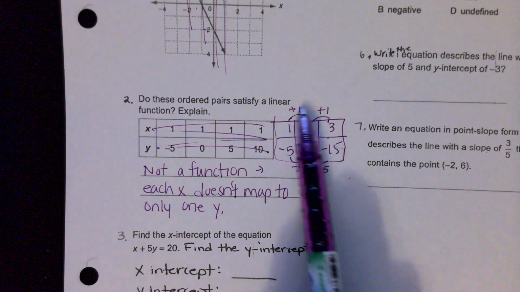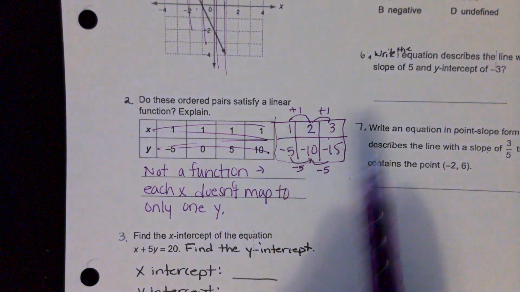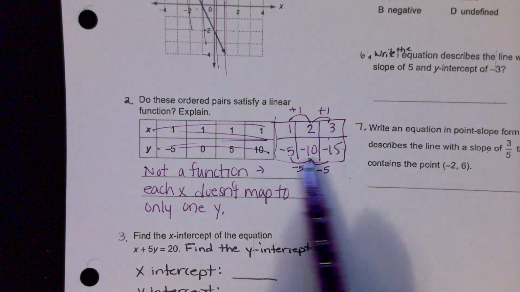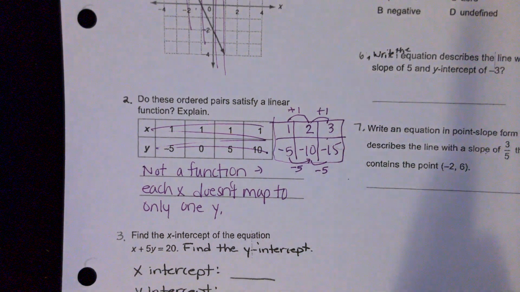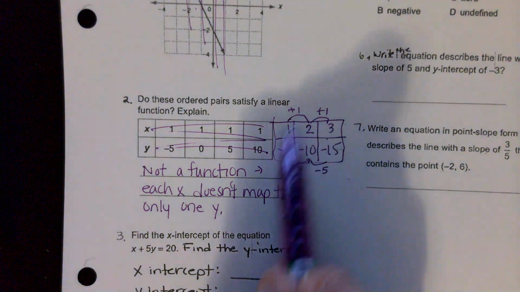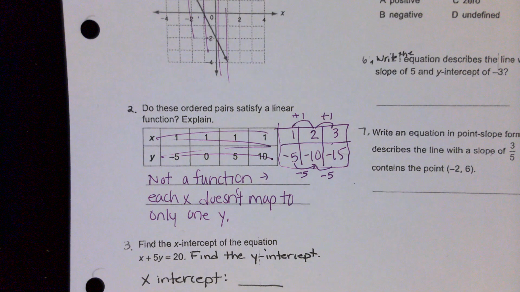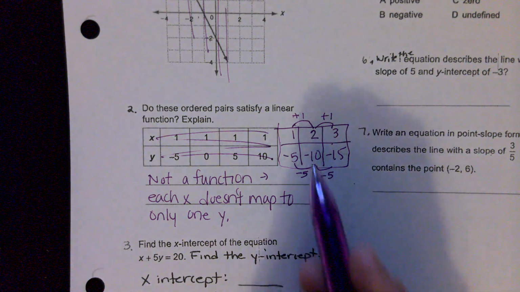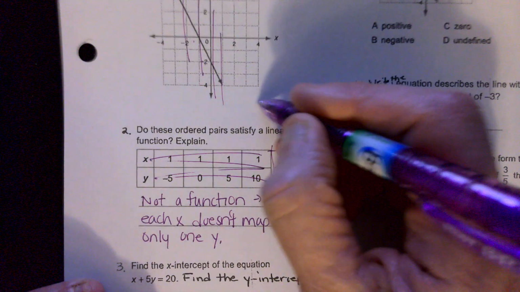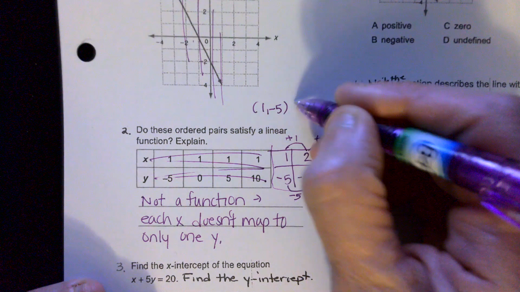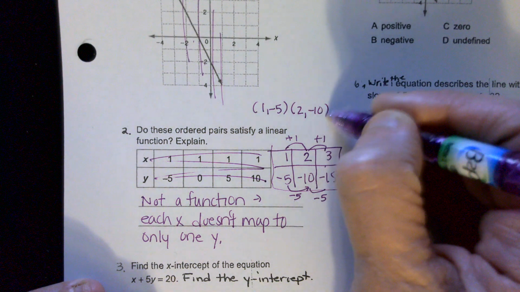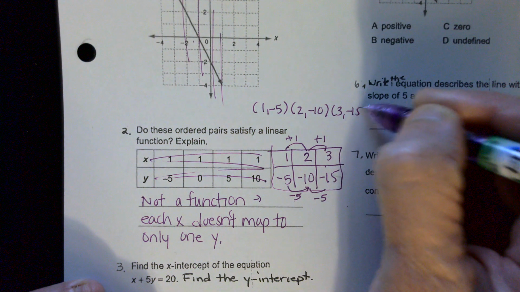So yes, it appears that my y's are also consistent. These don't have to be the same number, but they have to be consistent. So this is going up by 1, this is going down by 5 consistently. So this one, if I had given you this instead, would be a linear function. And sometimes, remember, they list them like this: (1, -5), (2, -10), (3, -15).